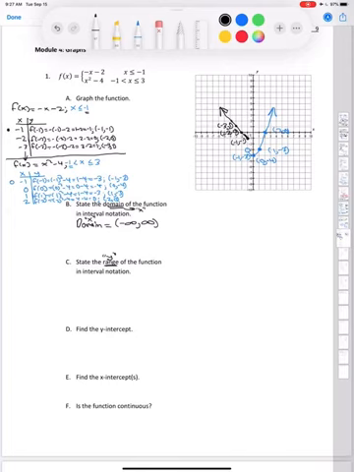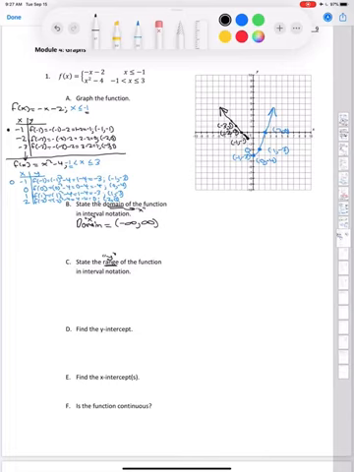The range is all the y coordinates, all the y values. And you can see this graph goes down to what? -4, that y-intercept point. That's the lowest point on this graph. And then it goes up forever, right? Even though there's a break, this blue curved piece, this quadratic piece, goes up forever. So it covers from -4 all the way to infinity.